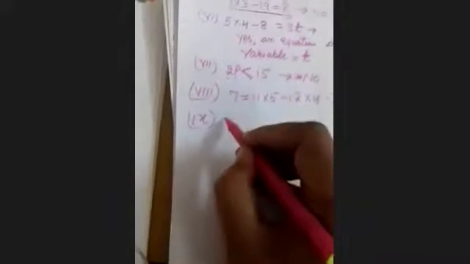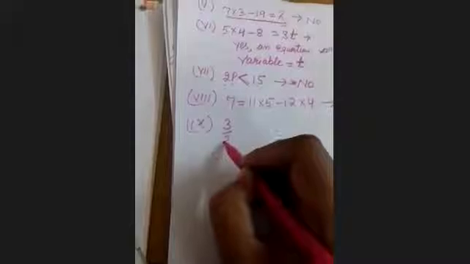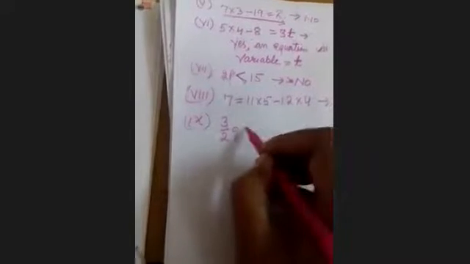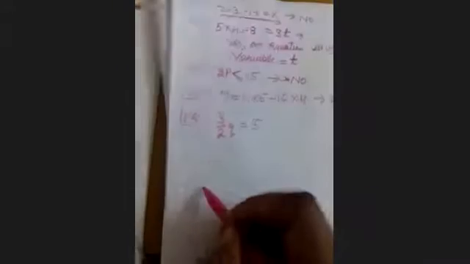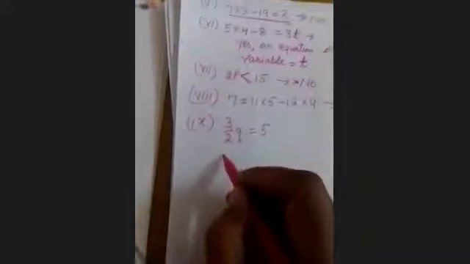Now students, last part, ninth. 3 upon 2q is equal to 5. Now your answer is yes.